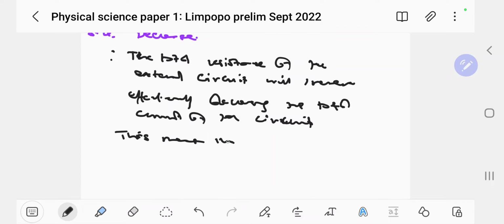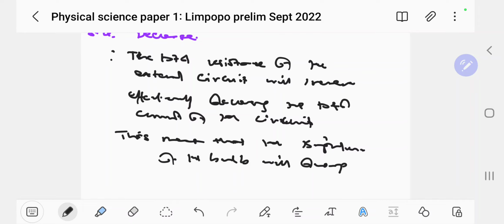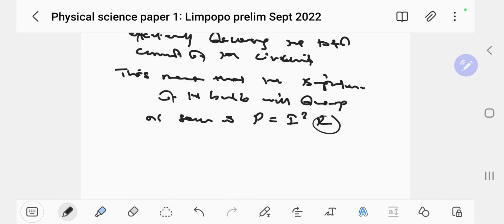And so this means that the brightness of the bulb will drop, as seen with P is I squared multiplied by R. R is constant and the current is dropping, so the power will effectively drop, because that is a constant that will drop and therefore the power drops.